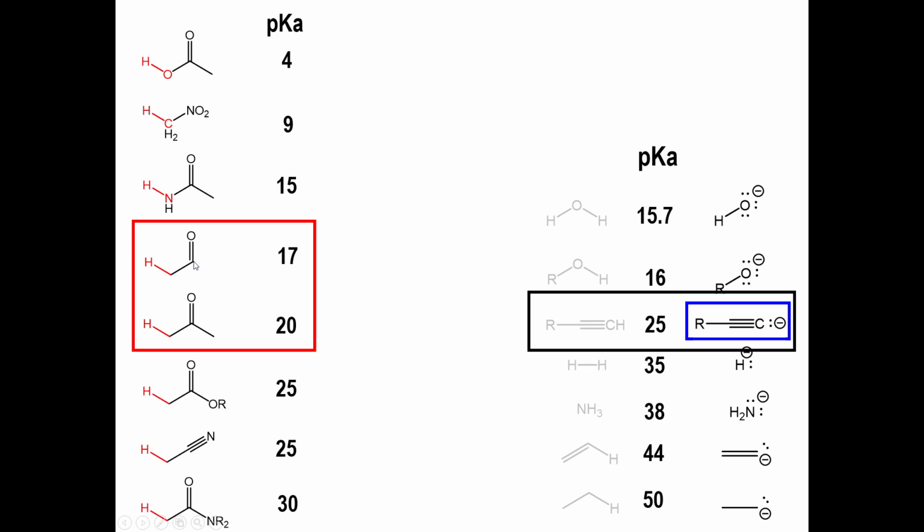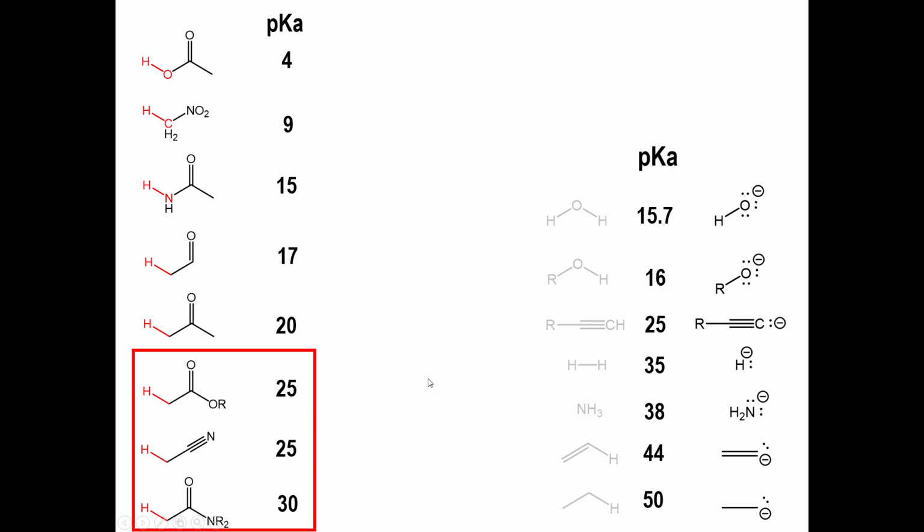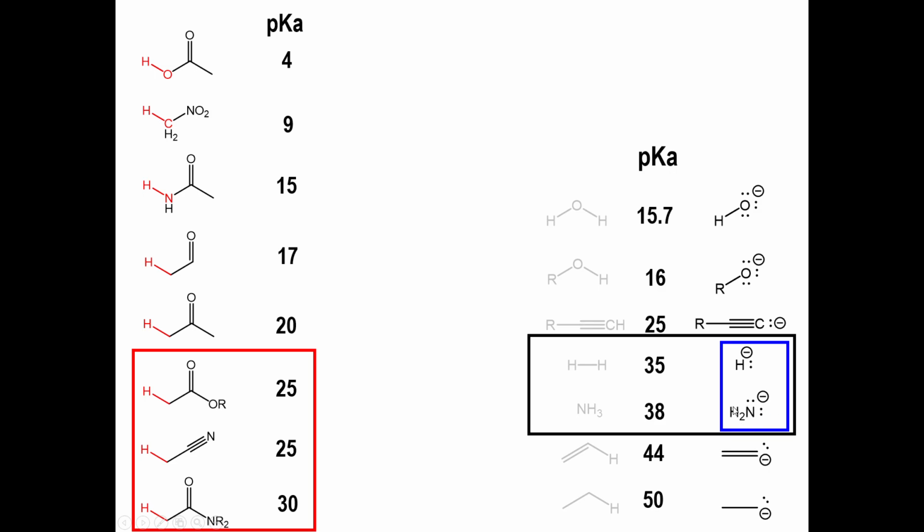More likely than not, they will attack the carbonyl carbon directly via a nucleophilic addition. So we rarely tend to use deprotonated alkynes for this. Instead, we rely on the same thing that we do to deprotonate the alpha carbons, or the alpha hydrogens, of esters or nitriles or even amides, and that is to use a deprotonated amine.